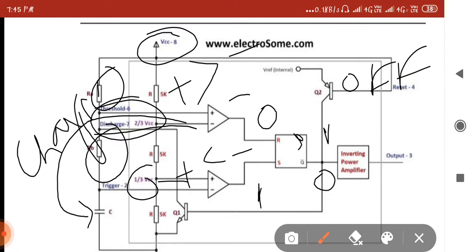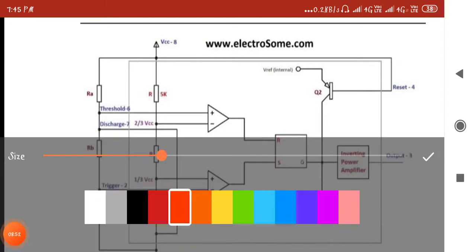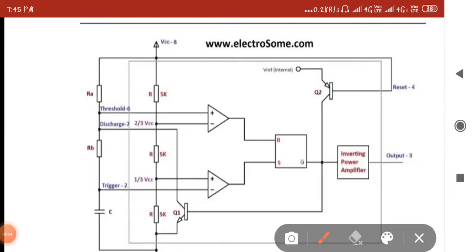S is set and R is reset. In that condition it is in the on state, it is 1, and Q is 0.